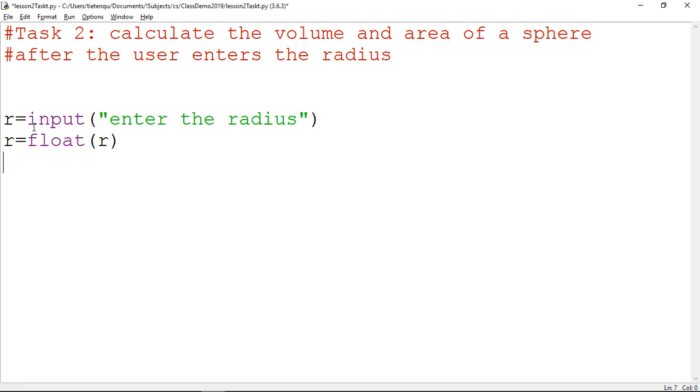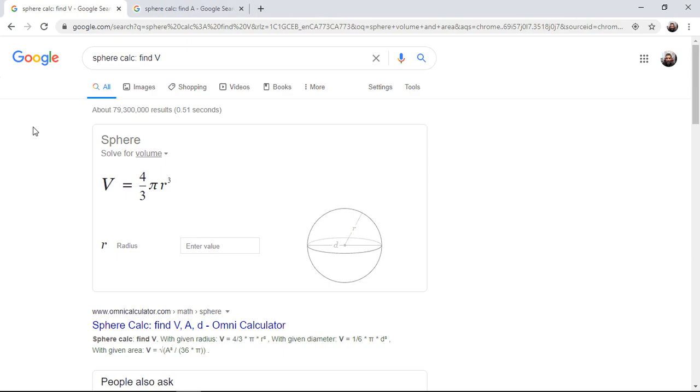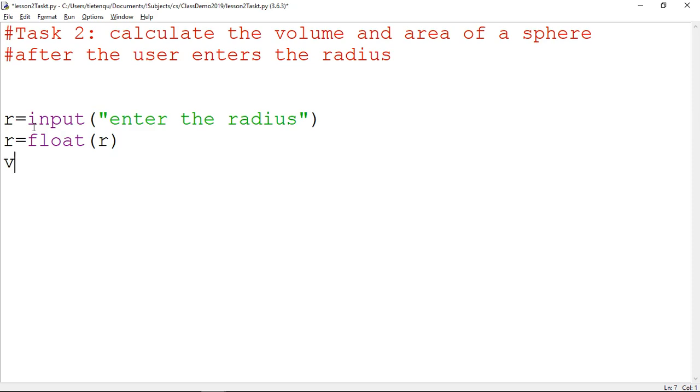So r is the radius, and our volume is going to be 4/3 pi r cubed. So I'm going to say V for volume is equal to 4/3 multiplied by pi multiplied by r, and r is going to be cubed.